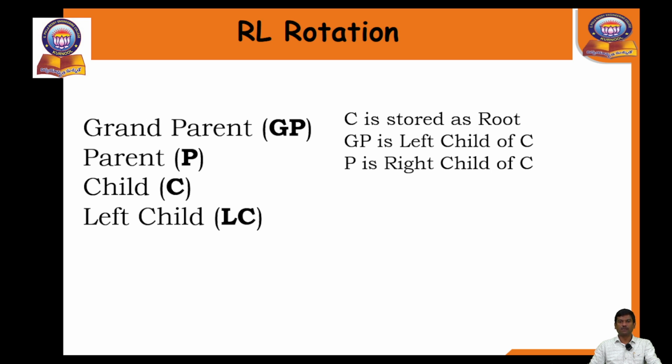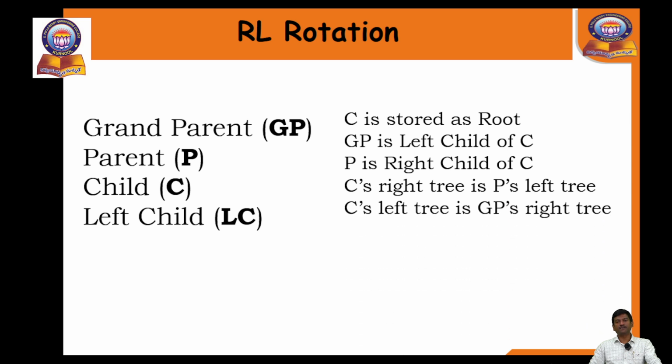Here within the RL rotation, GP should be stored as the left child of C, and for C, the right child should be P, the previous parent. And C's right tree, if present, should be attached to P's left tree, that is the parent's left tree. And C's left tree, if present, should be attached to the grandparent's right tree. These are the assumptions which are made to perform the LR rotation or the RL rotation.